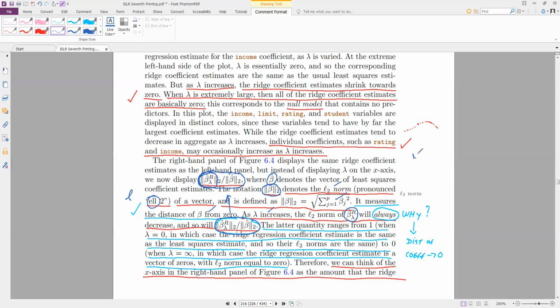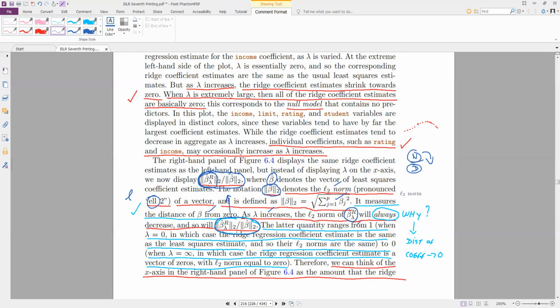So you've got numerator and denominator, and this goes down relative to the denominator. If it goes down, then eventually you should start to see things go towards 0.